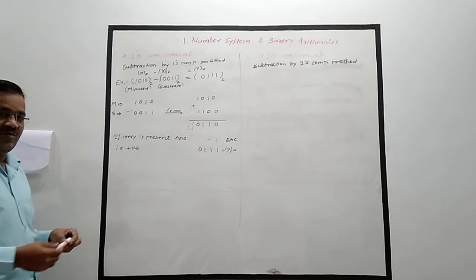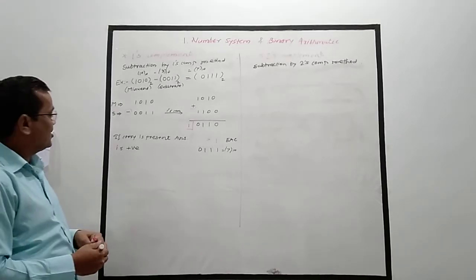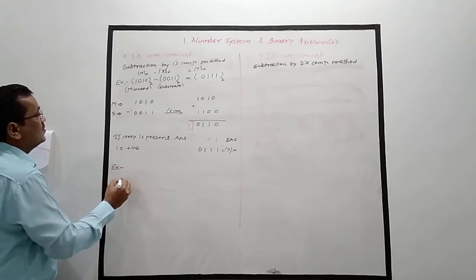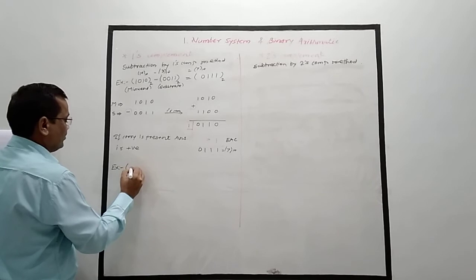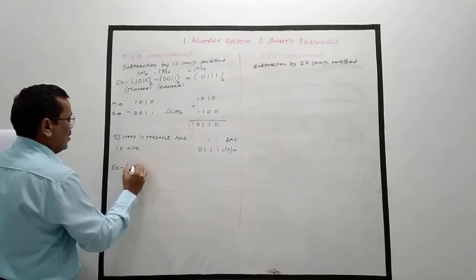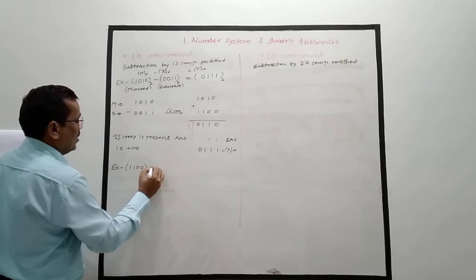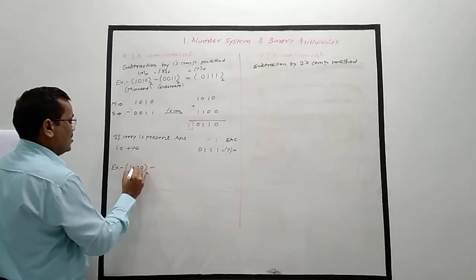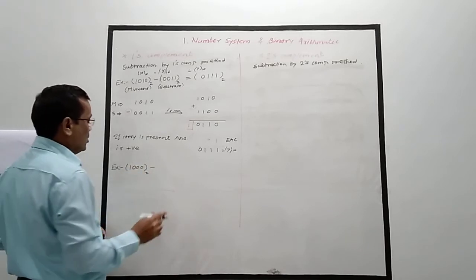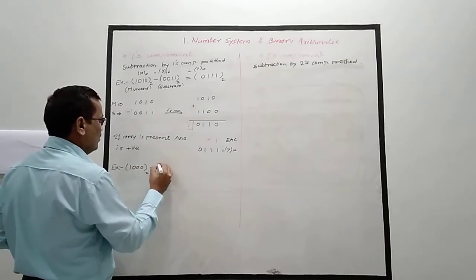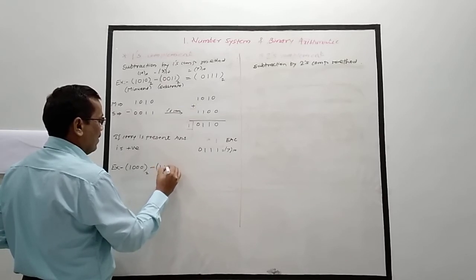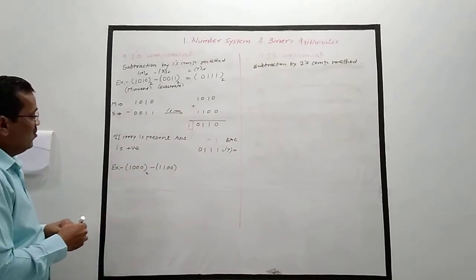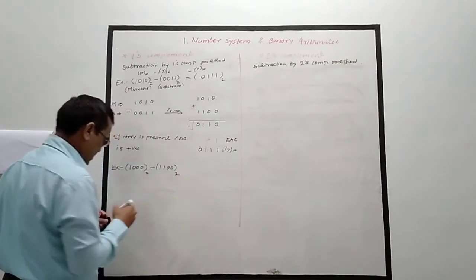We take another example for the negative subtraction. Example, 1000 minus 1100 of binary.